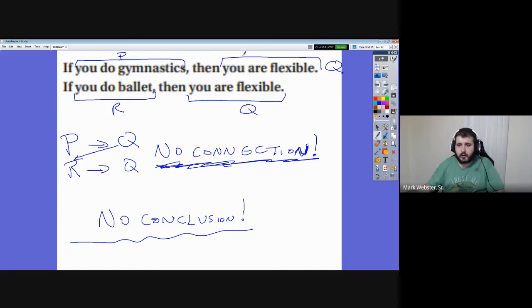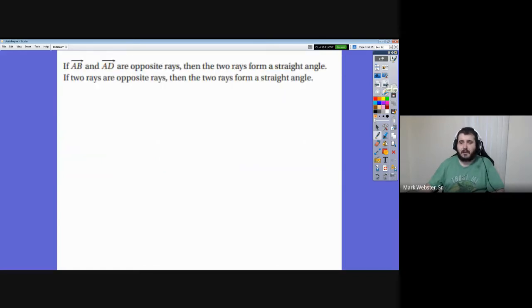Okay. So give this next one a try. See if you can figure out why it's a bad situation here, why we cannot connect anything from it. Okay. Let's talk this one through. Again, we're going to label. These two rays are opposite rays. That'll be our P. Then these two rays form a straight angle.